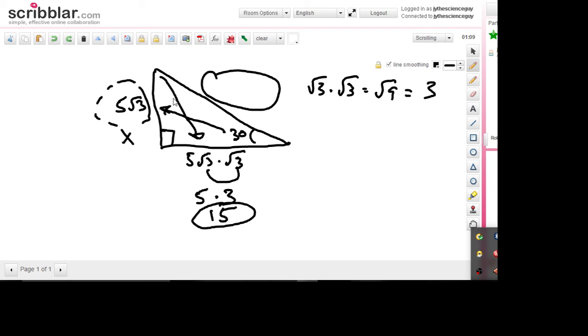So if this is my x side and this is my 2x side, the only number that I multiply by 2 is just the 5. So what is this number over here going to be? 10 square root 3. Good. So just like in our 45, 45, 90 triangle, you end up getting 2 root 3s when that happens. You get 2 root 3s and just a regular old number. So let's do that again.